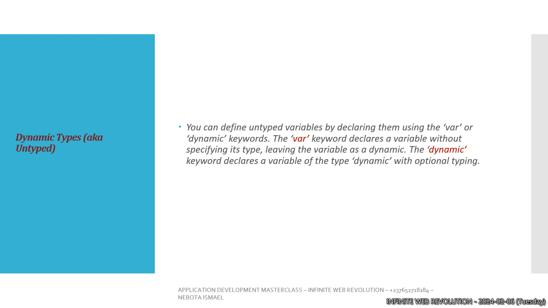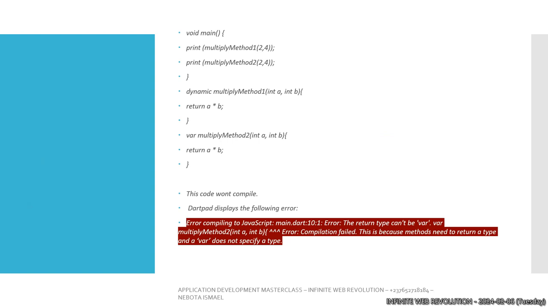So you can define untyped variables by declaring them using the var or dynamic keyword. The var keyword declares a variable without specifying its type, leaving the variable as dynamic. The dynamic keyword declares a variable of the type dynamic with optional typing. So you can always change it, but for var, once it's initialized, it can no longer be changed.